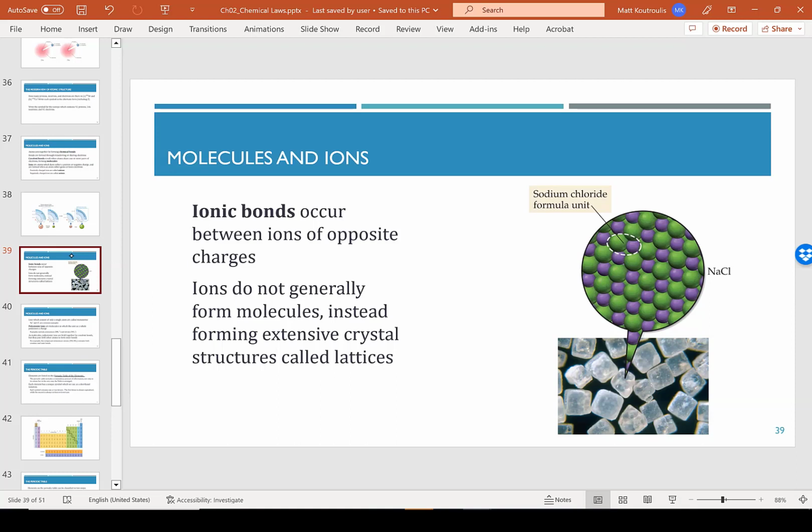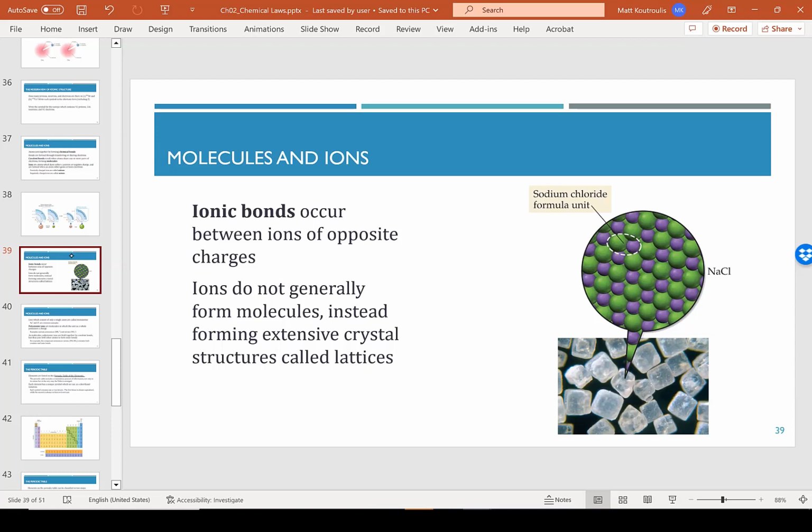And these little purplish spheres represent sodium ions. Now, although I've got a little circle right here saying that that's a unit, would it be just as correct to say that that sodium belongs to the chlorine above instead, or belongs to the chlorine below? I can't really say that one sodium belongs to one chlorine.